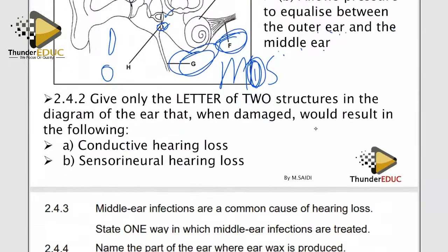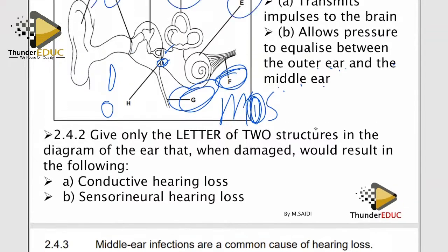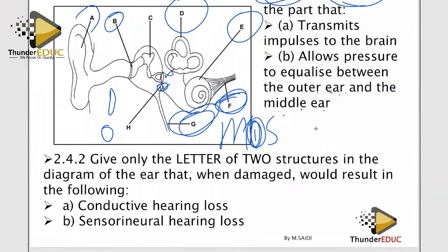Give only the letter of 2 structures in the diagram of the ear which, when damaged, would result in the following. Number 1, conductive hearing loss. B, E, F, B. Right, guys, when you say conductive, what does it mean?